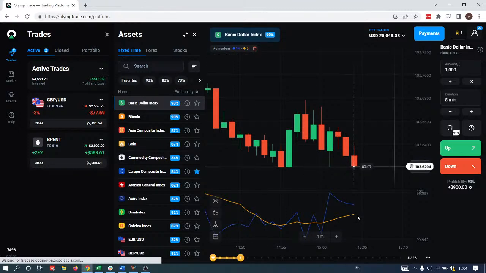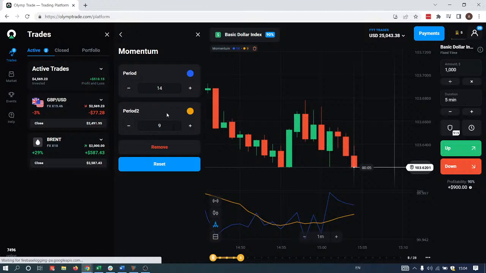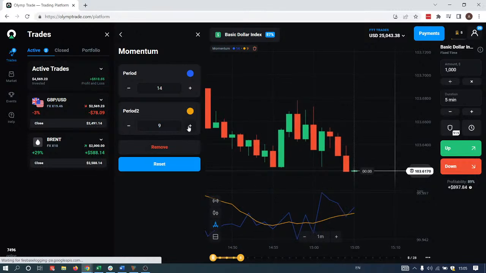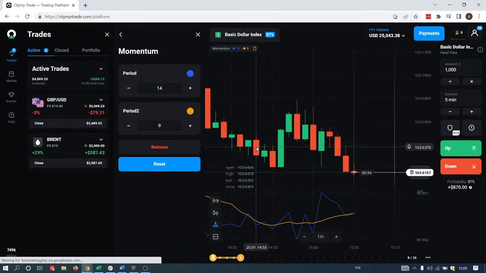The second line is the moving average with the period of 9 in this example, and you can also adjust it, make it a little bigger, a little smaller, a little faster or a little slower, depending on your preferences and how you want to adjust this indicator.